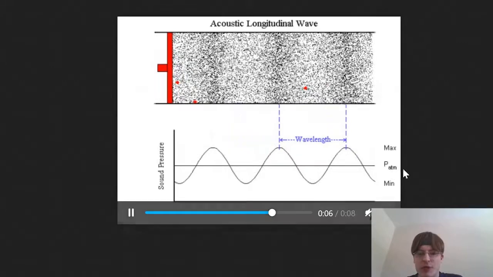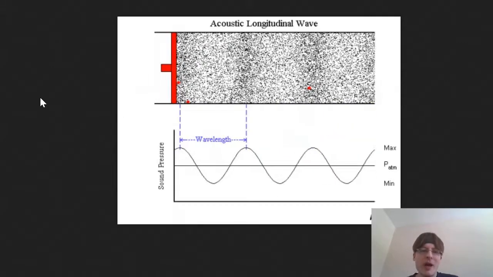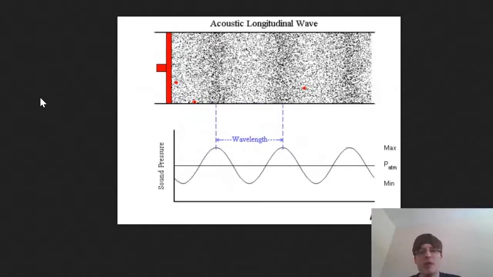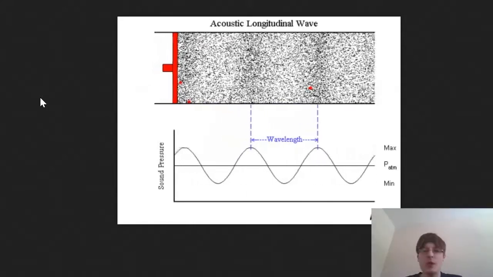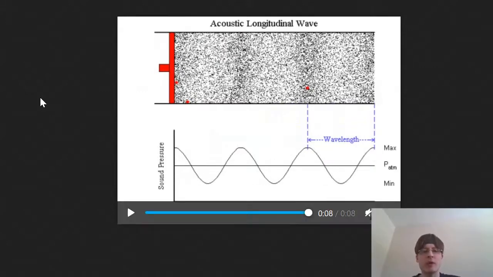There is atmospheric pressure, and the pressure of the sound wave rises above and below the atmospheric pressure. So we would call that P max, the amplitude of the sound wave. We'd measure P max as the amplitude of the sound wave.